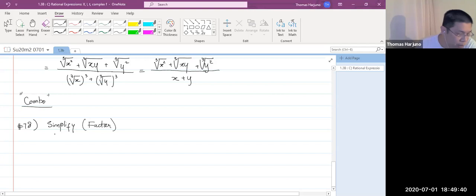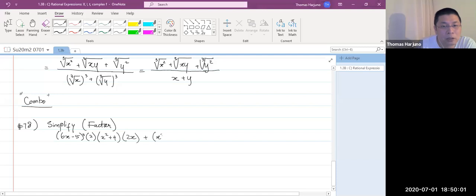Number 78, we have 6x minus 5 cubed times 2 times x squared plus 4 times 2x plus x squared plus 4 squared times 3 times 6x minus 5 squared times 6.